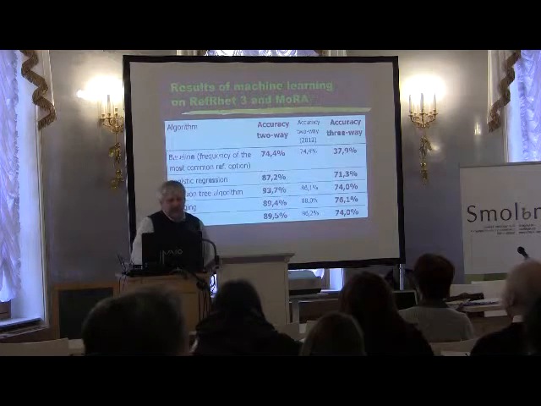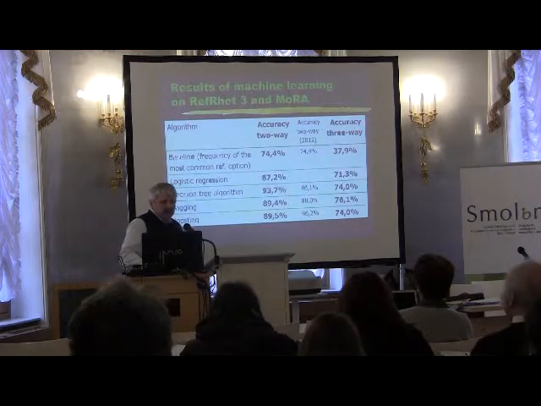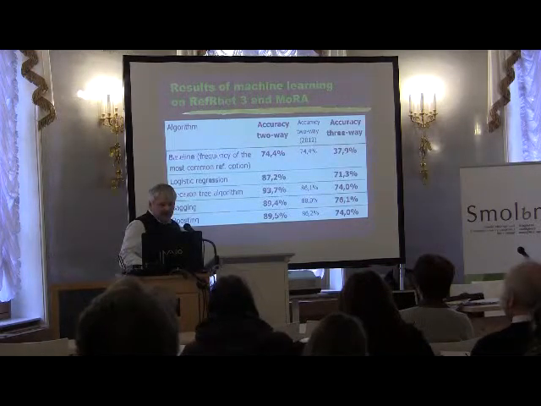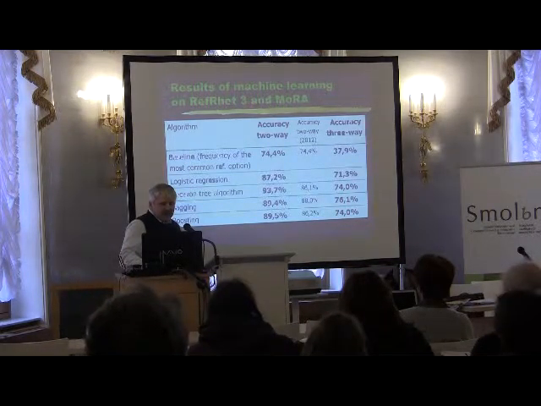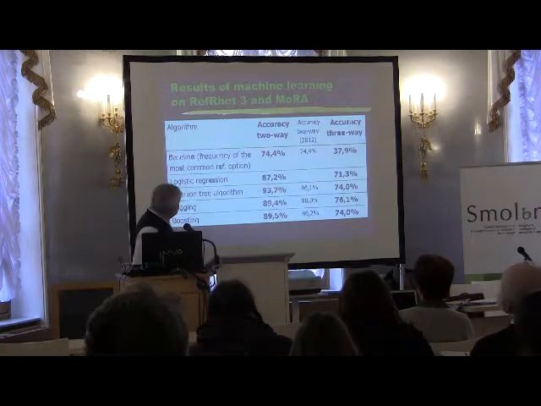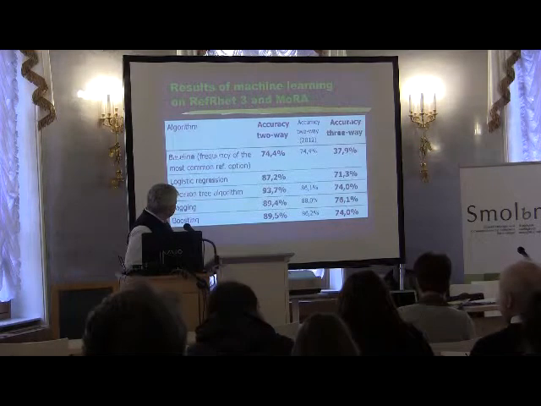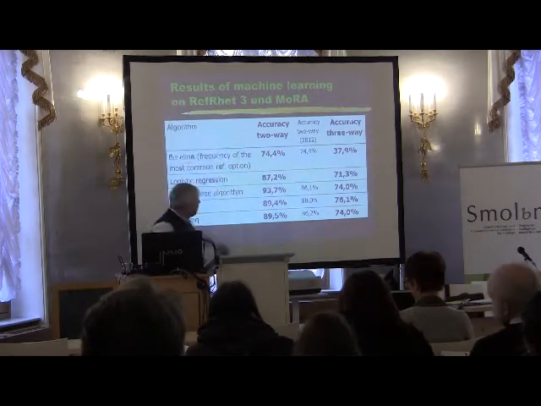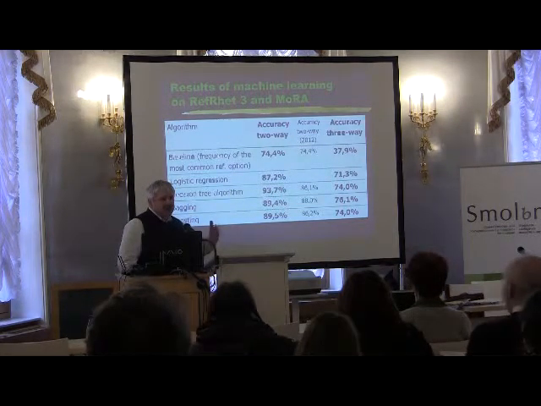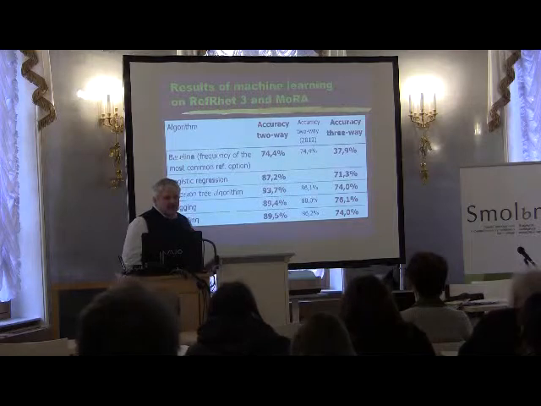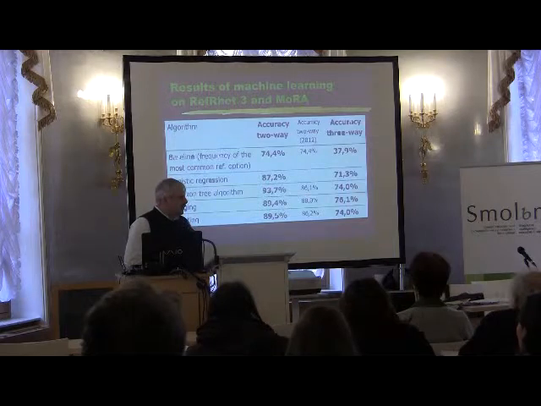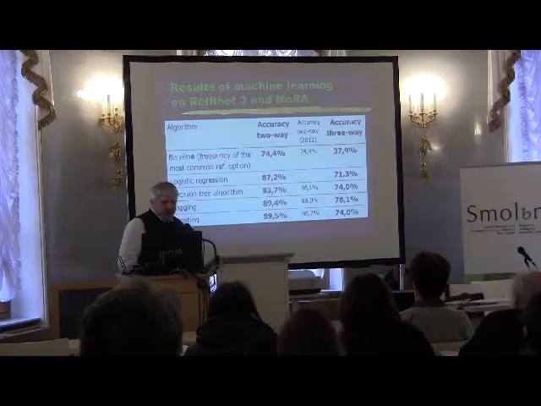The basic results of machine learning studies on this corpus are like this for a 2-way task and for the 3-way task. Apparently we are getting much better results for the 2-way task, now in the vicinity of 90%, which means that the algorithm is able to predict referential choice as well as a human writer 9 times out of 10, more or less.